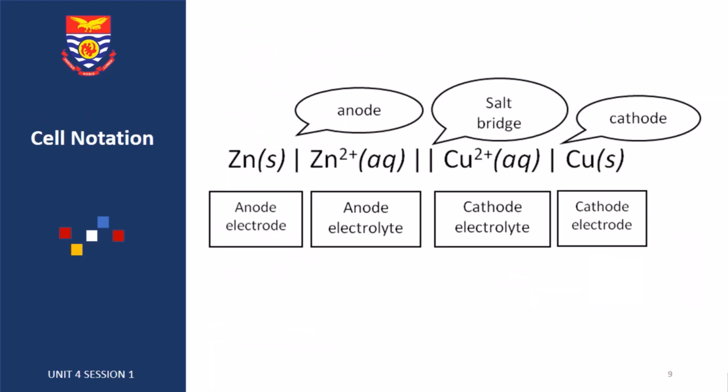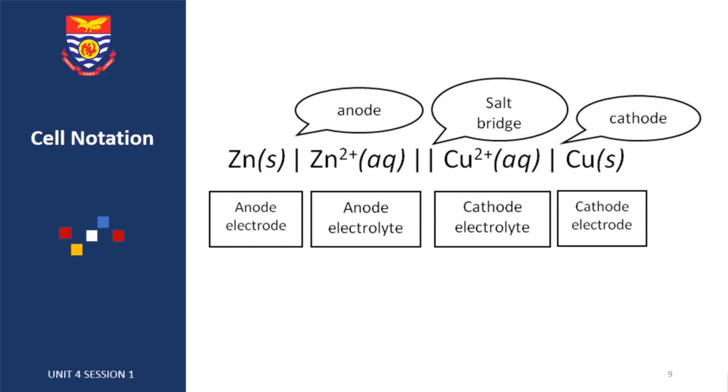So basically, we have what we call the cell notation. For the cell notation, we write the anode first, then we bring a single stroke which separates the phases of the two components. So you realize that this is a solid phase and this is an aqueous phase.